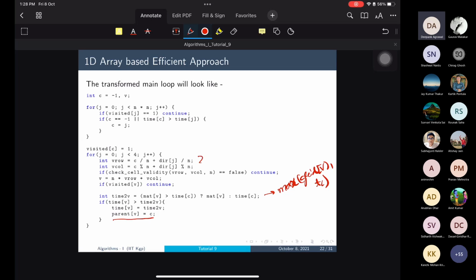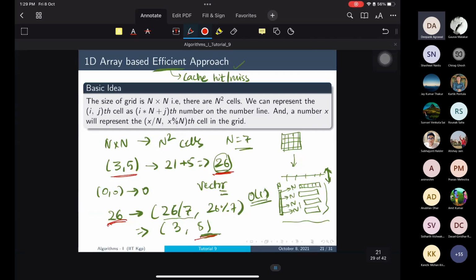And here we are transforming back to get the neighbor and check its validity. One downside of this approach is that you cannot directly check the validity on the number line. You have to first map it back to 3,5, check the validity of 3,5, and then get it back.